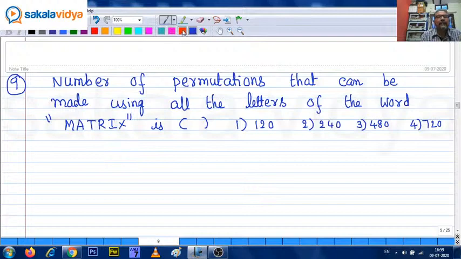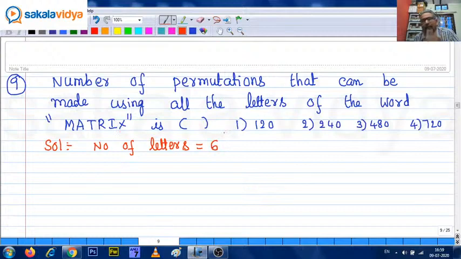So MATRIX here, see, number of letters, write down. Number of letters is equal to, you count it, 1 2 3 4 5 6. That means we need to arrange, unless it is mentioned, you remember, unless it is mentioned, it is without repetition only. With repetition means with repetition you need to take.